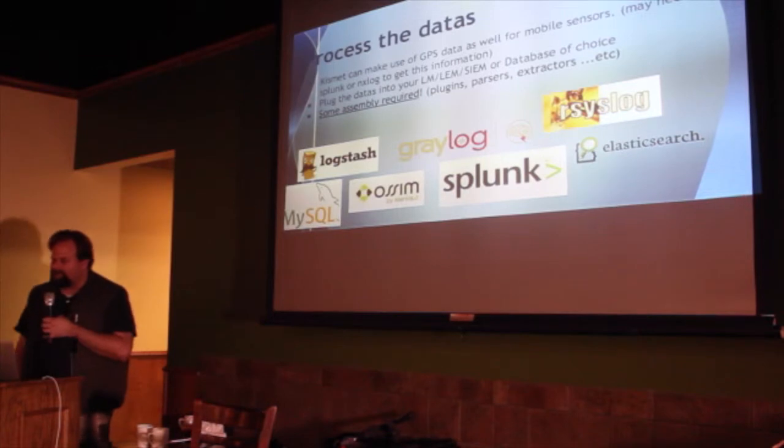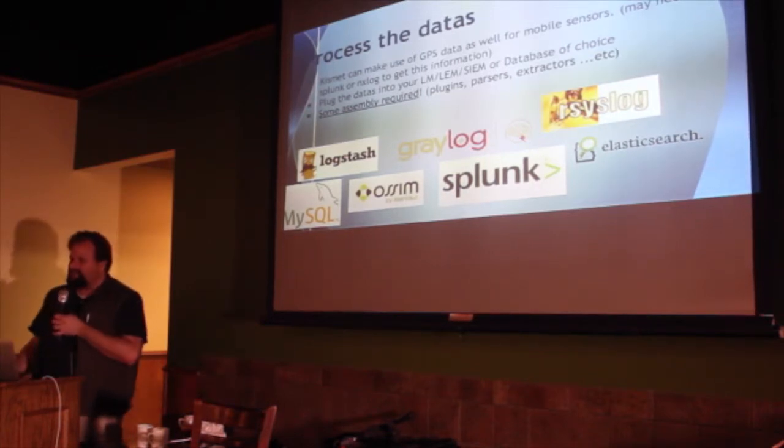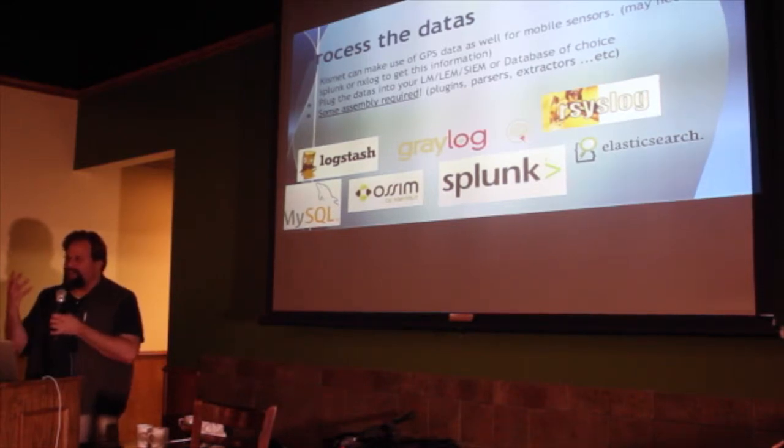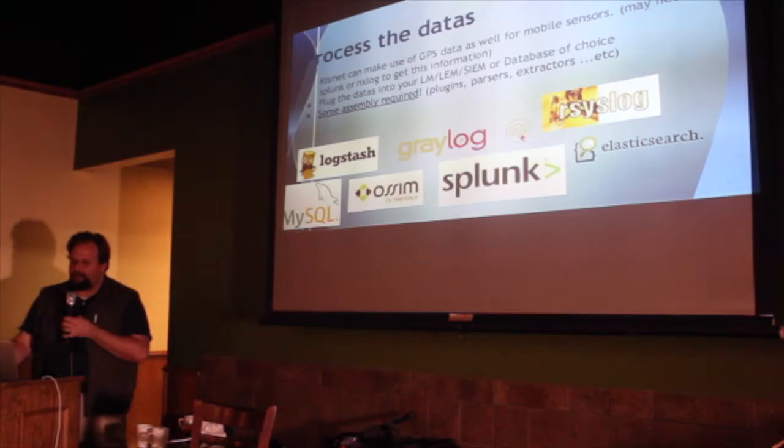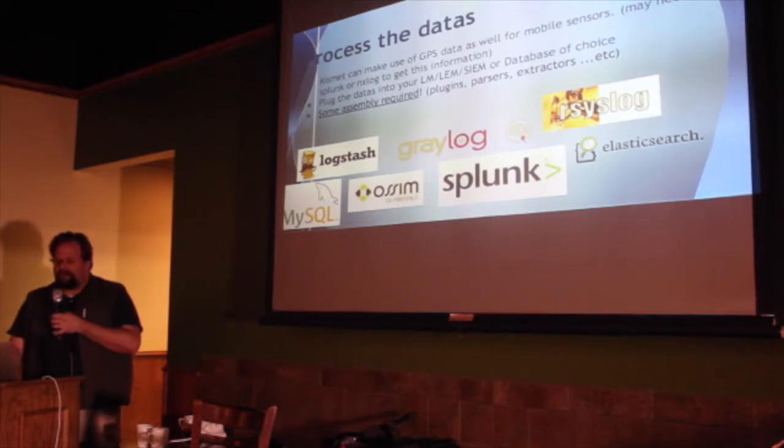Although my chief complaint with Kibana is that it is not an enterprise tool. There's no login system. It doesn't hook into LDAP. It doesn't have multiple users. It's just whoever has it can. And if you haven't protected your Elasticsearch environment, then anybody can search your database. So be careful with that.